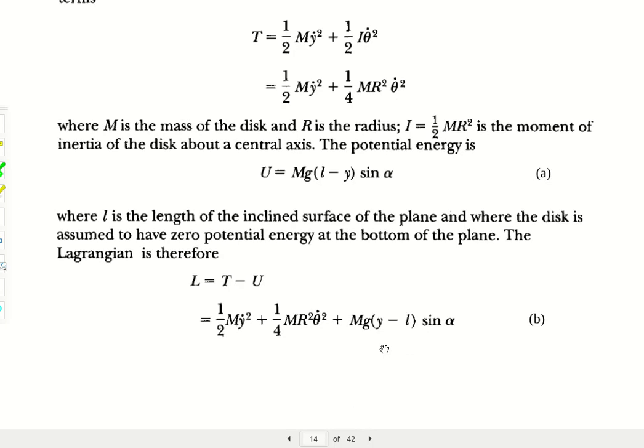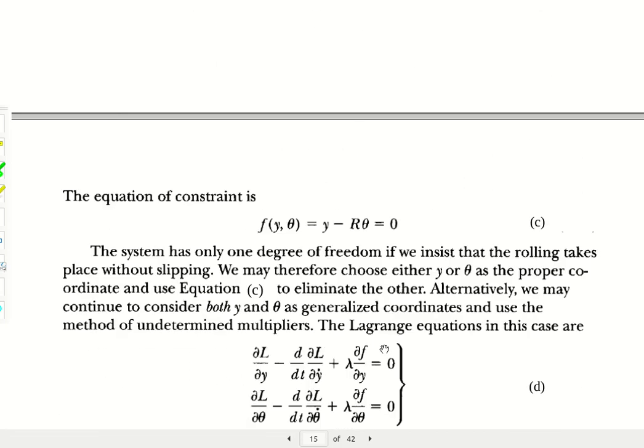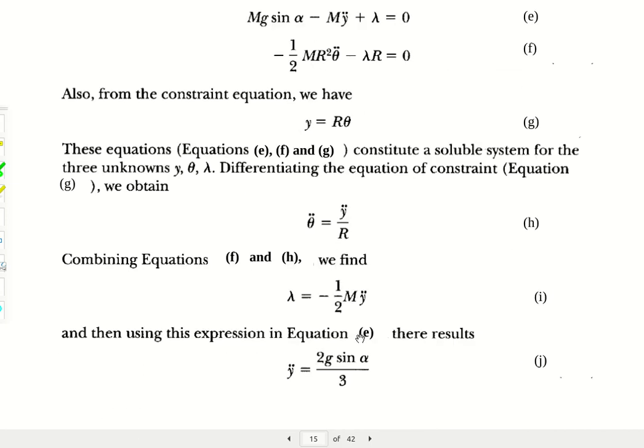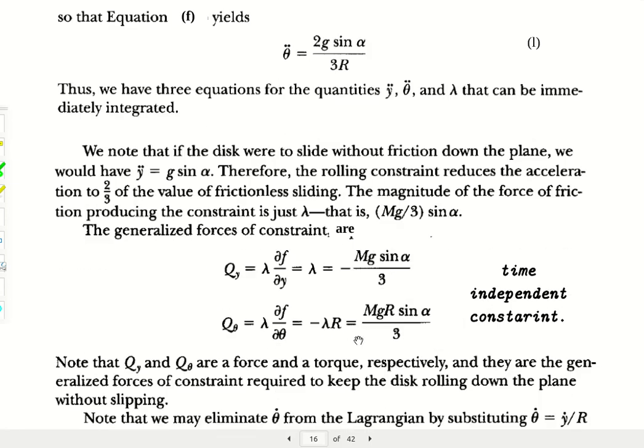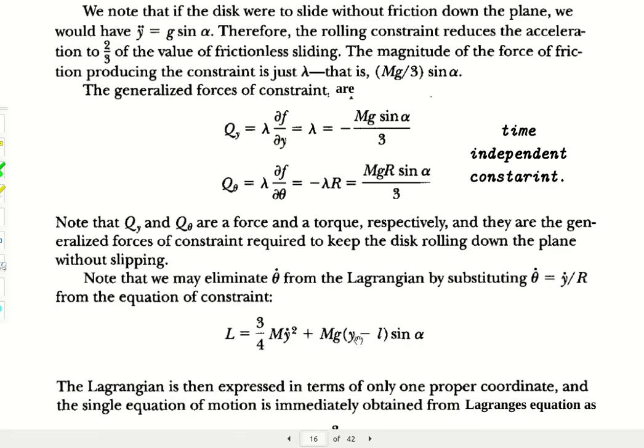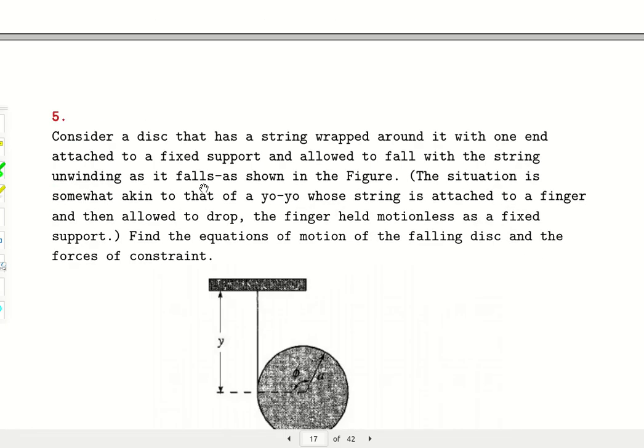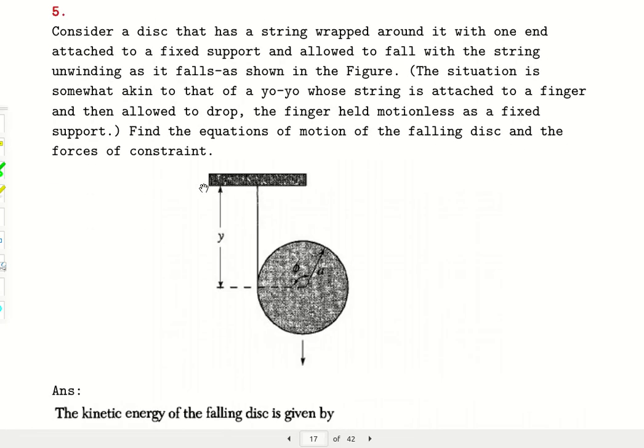Without the method of Lagrangian undetermined multiplier, you can simply solve the equation for Lagrange's equation, but you can't get the reactionary force or the forces of constraints. So the advantage of using the Lagrange's undetermined multiplier is that you can find the forces of constraints.